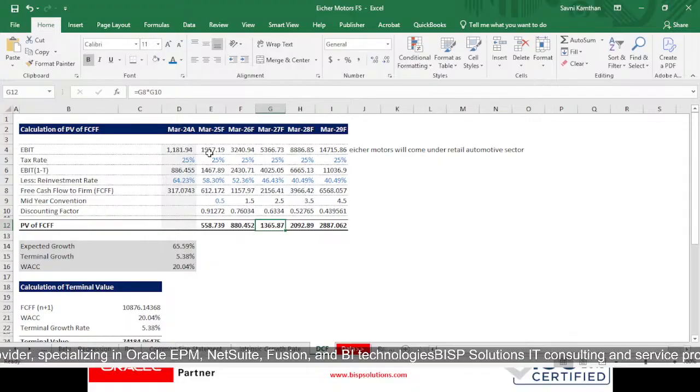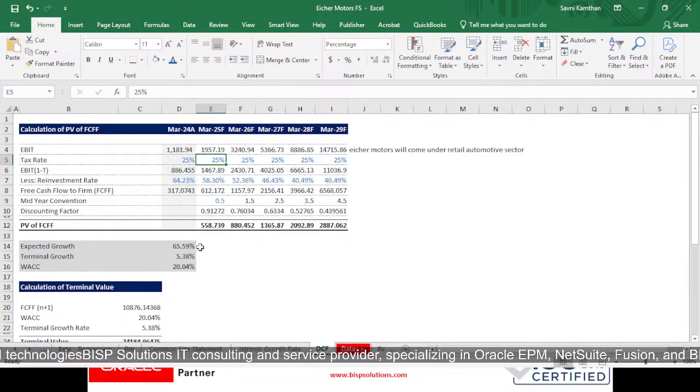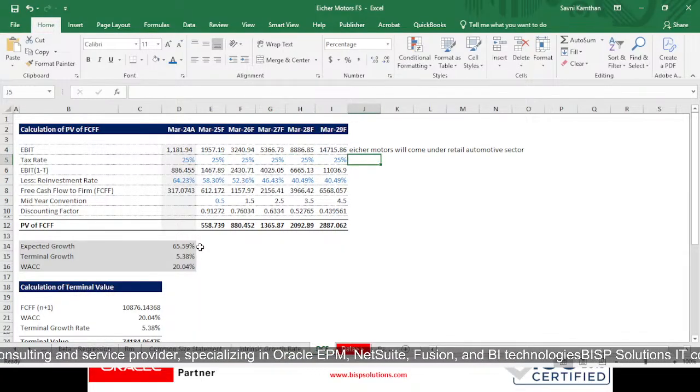So now if I want to calculate for March 25, I will be calculating it by EBIT of March 24 actual data into 1 plus my expected growth rate, which is absolute anchored, and I have dragged it till the March 29 forecasting, right? And the tax rate will be the same, right?